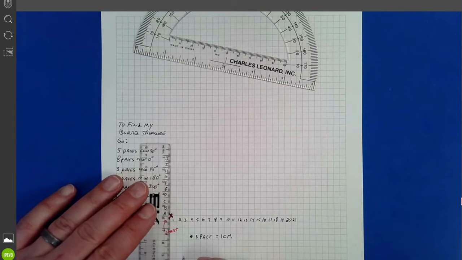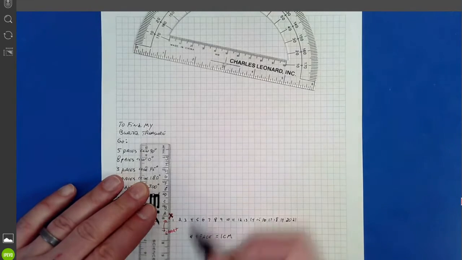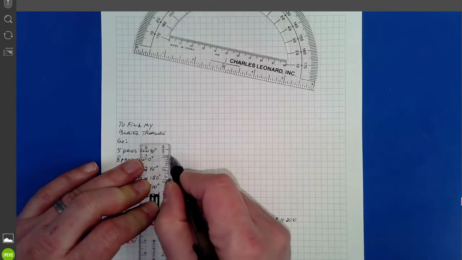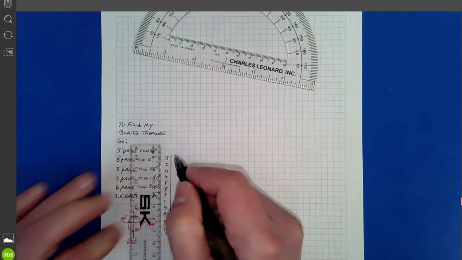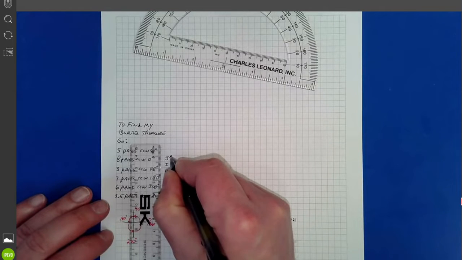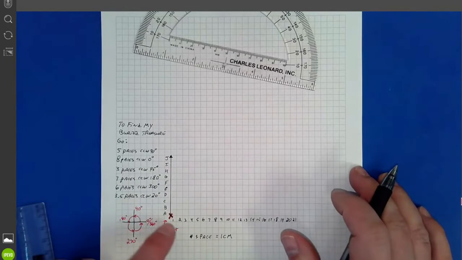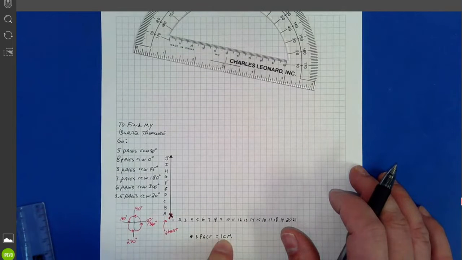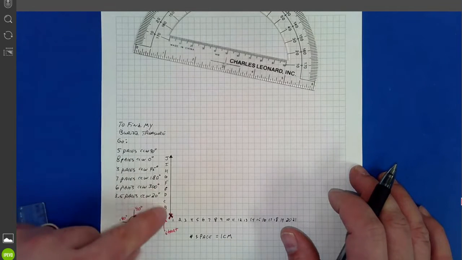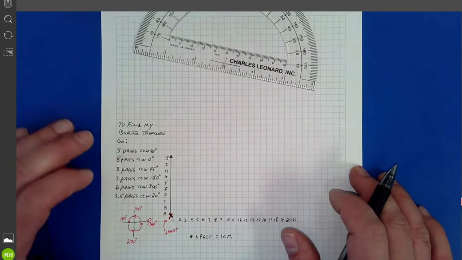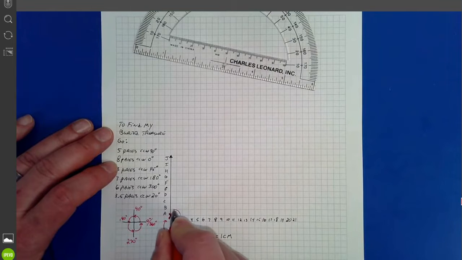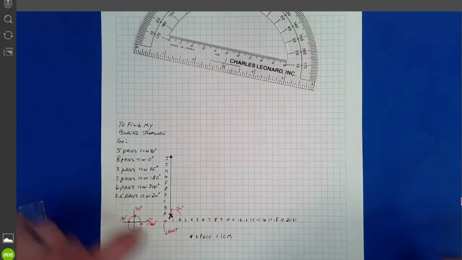I'm going to put it at the 6 because I can't see the line at the end of the ruler. From 6, I go to 1, pointing straight up. So there's my first vector: 5 paces, where a pace is 1 centimeter, so 5 centimeters at 90 degrees counterclockwise. If you want to put that angle in there, you can. I'm not going to do that for every single one.